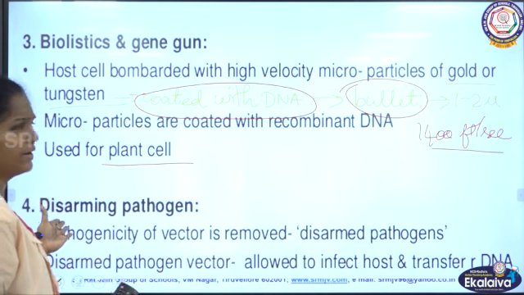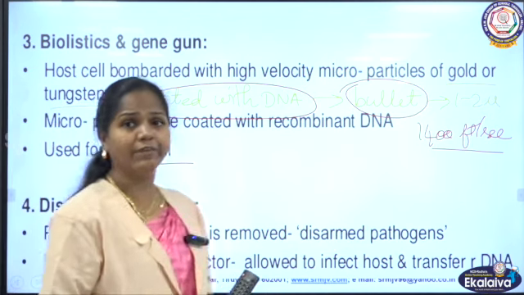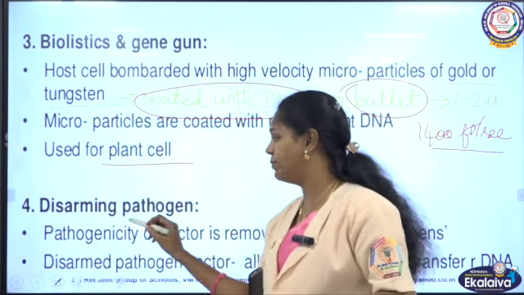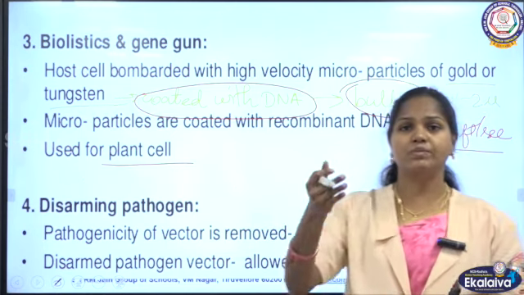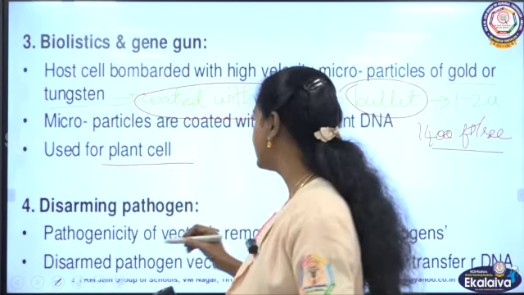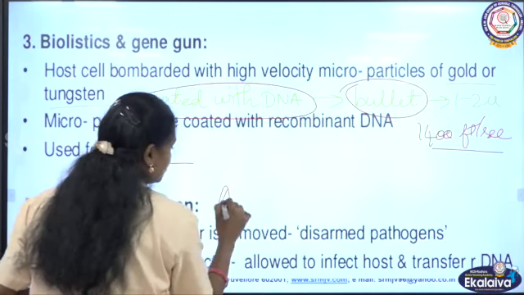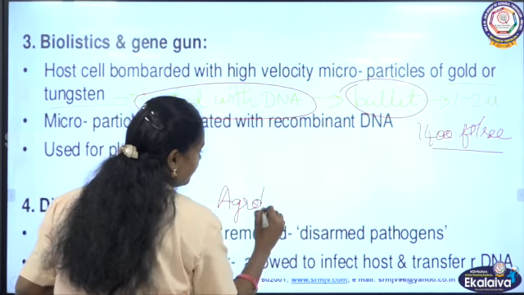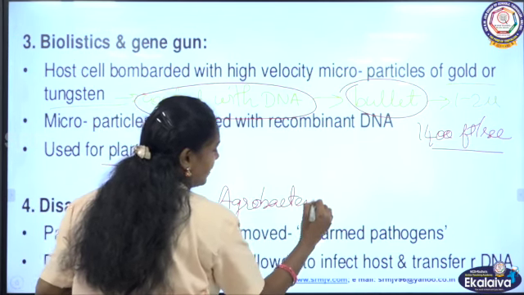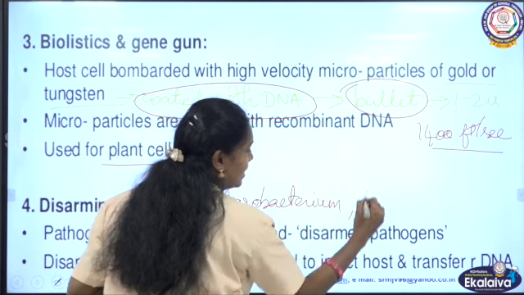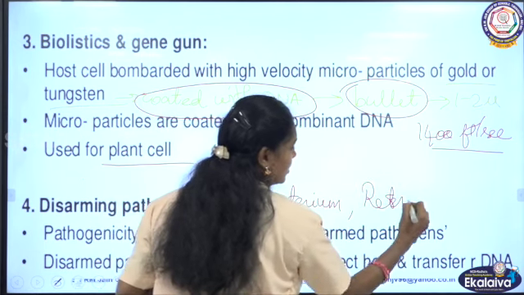Then the last one: under cloning vectors you have already seen this disarmed pathogen. You have seen two examples, Agrobacterium tumefaciens and retrovirus.